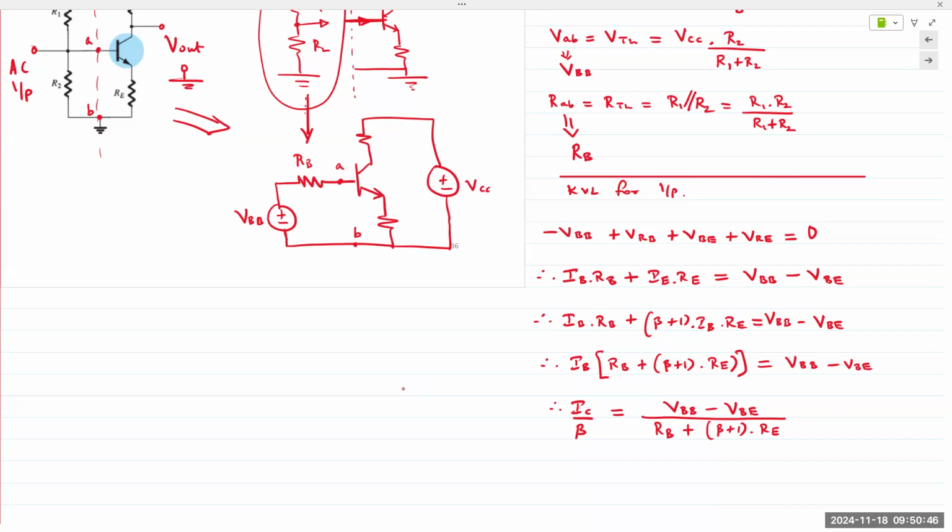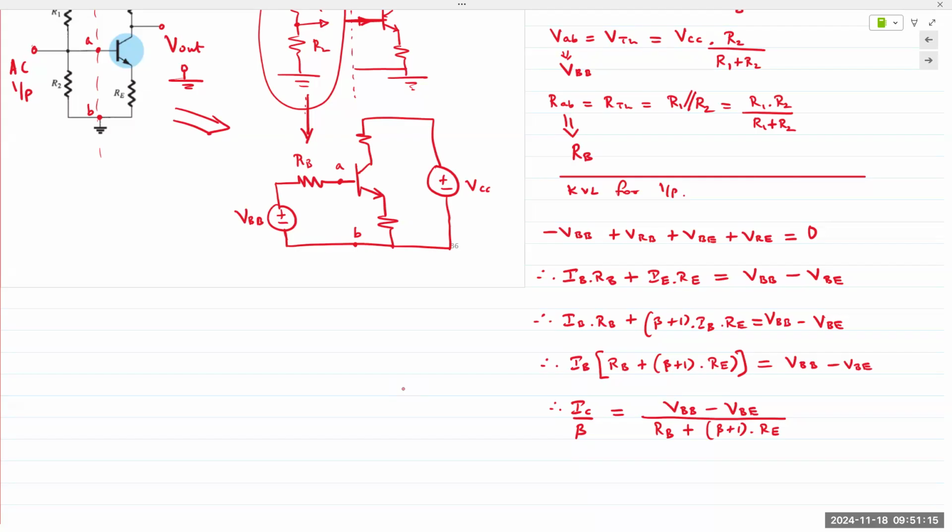So you want a circuit where you can plug in any transistor of your choice and it will still work the same. That means designing a circuit where the output collector current does not fluctuate with respect to the beta. So if you plug in a transistor with a beta of 100, then the same circuit should work for a beta of 125. And that's where the advantage lies with the voltage divider biasing network.